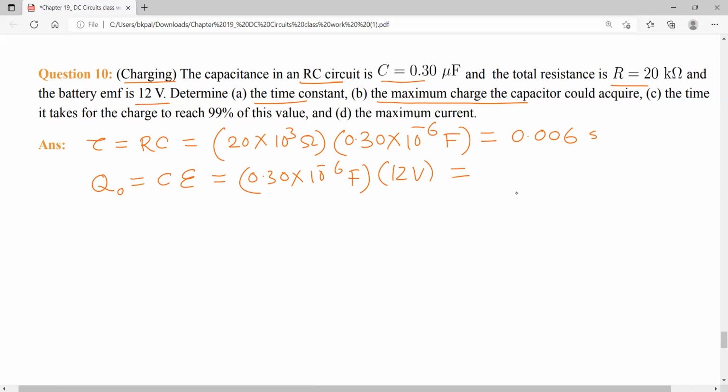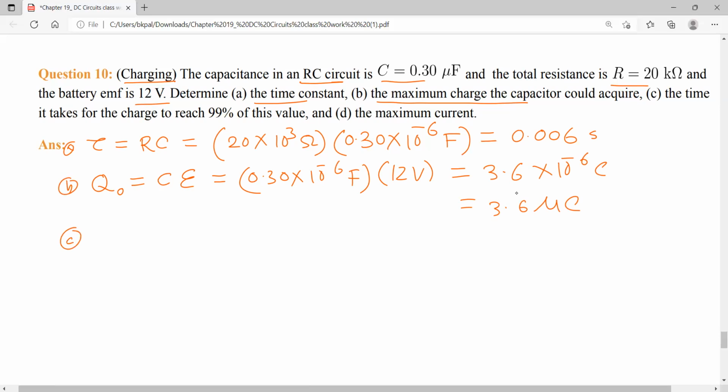That tells you the maximum charge this capacitor can have, which is 3.6 microcoulomb. So this is A, this is B.